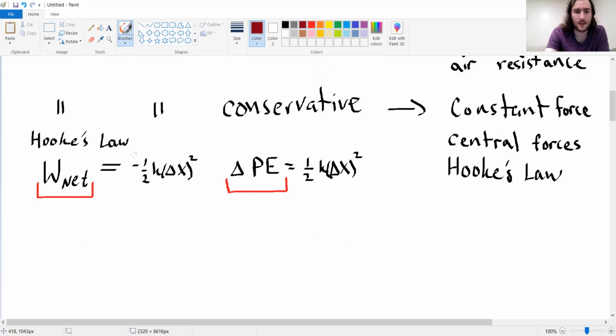So here's the minus sign right here. Okay, they differ by a minus sign. So the net amount of work done against a conservative force is equal to the negative of its change in potential energy.